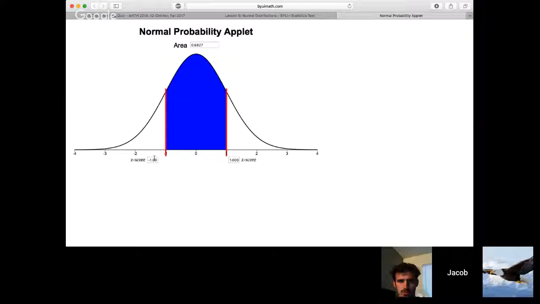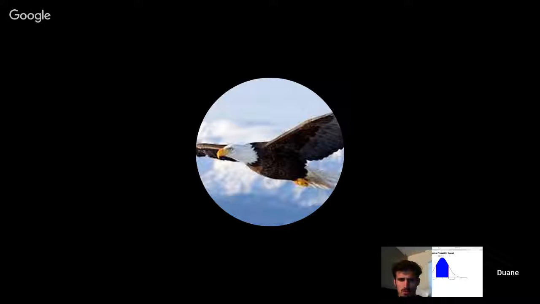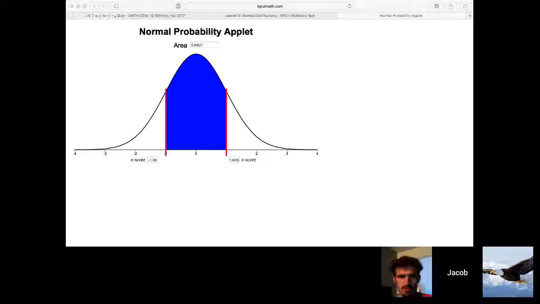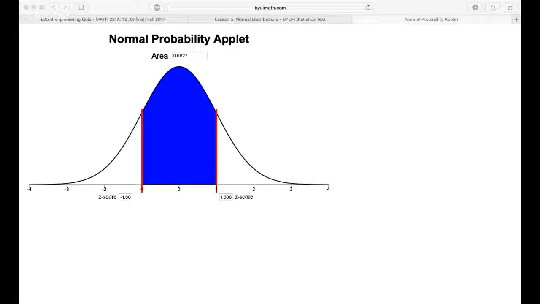So for z-scores of -1 and 1, between those two, it's going to be 0.6827. So in other words, question 8 should just be written down as 68. No, it's got to be 68.3, because it's 3 decimal places.